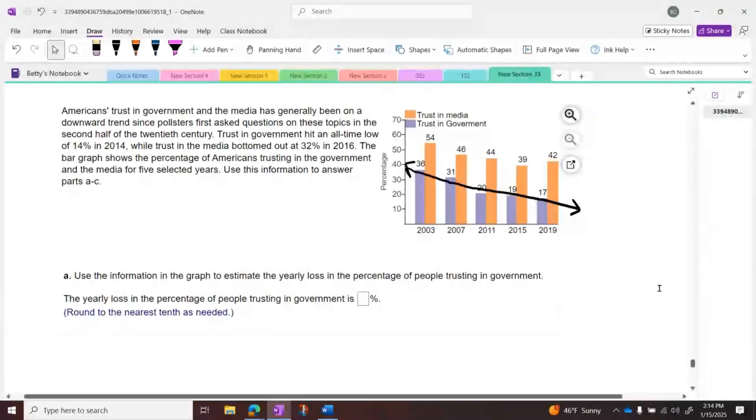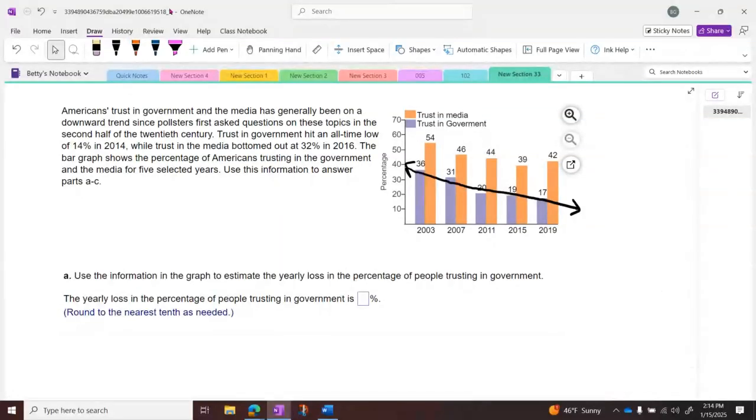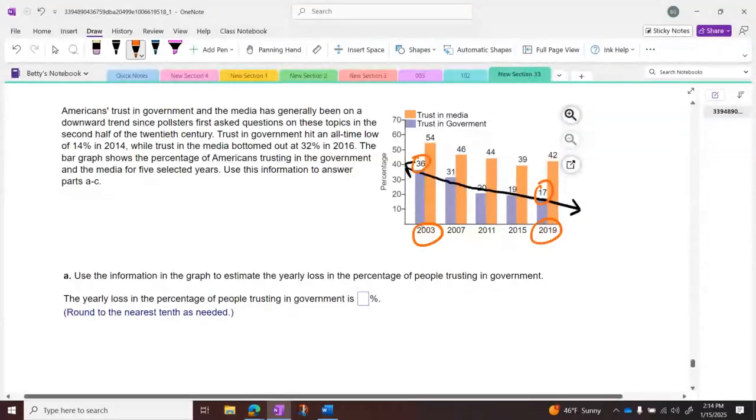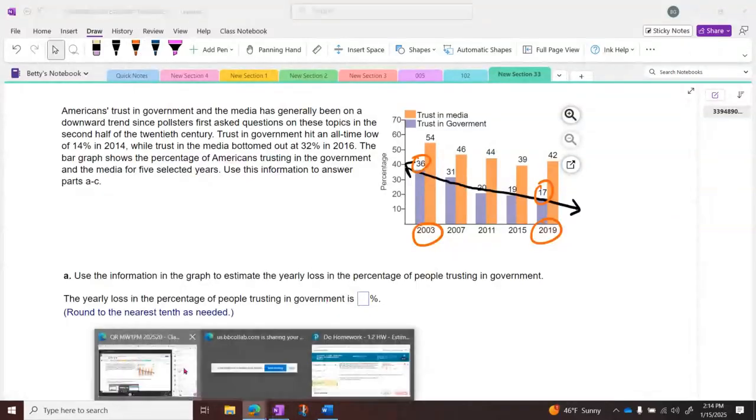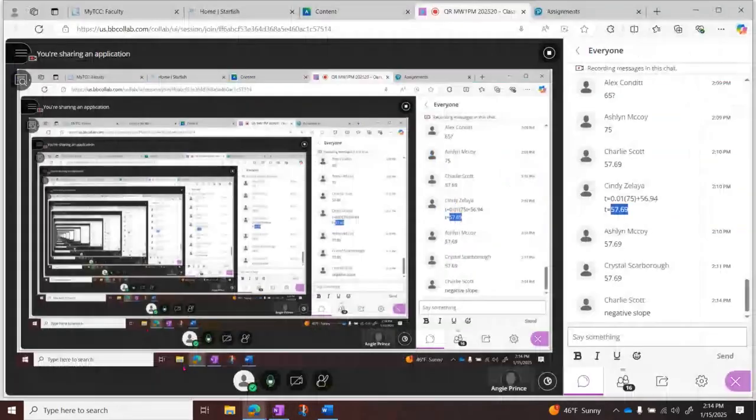This one is different because this one goes down. So what difference does that make? You are right, Charlie. It is a negative slope. Perfect.